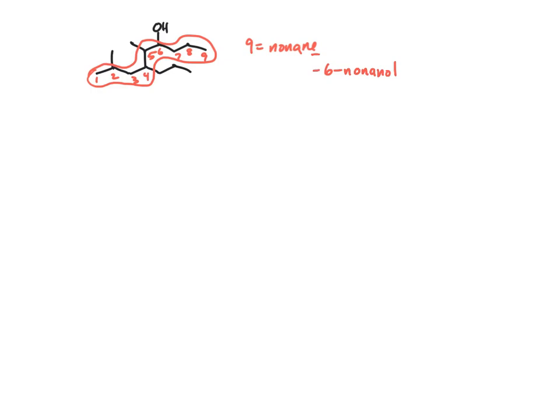So if we're doing it backwards, P would be the next part of this. So 4-propyl. And then what's going to go in front of that is going to be 2,5-dimethyl. So I'm running out of room here. Try to squeeze it in. 2,5-dimethyl, 4-propyl, 6-nonanol.